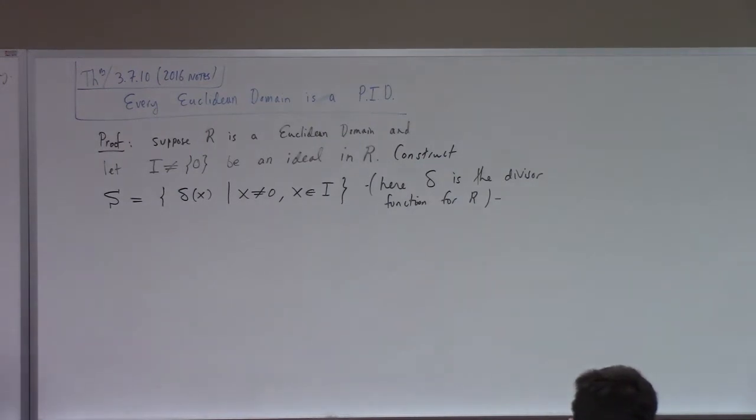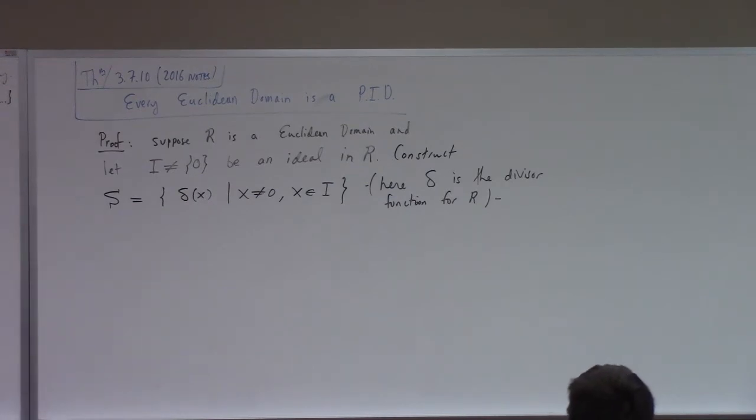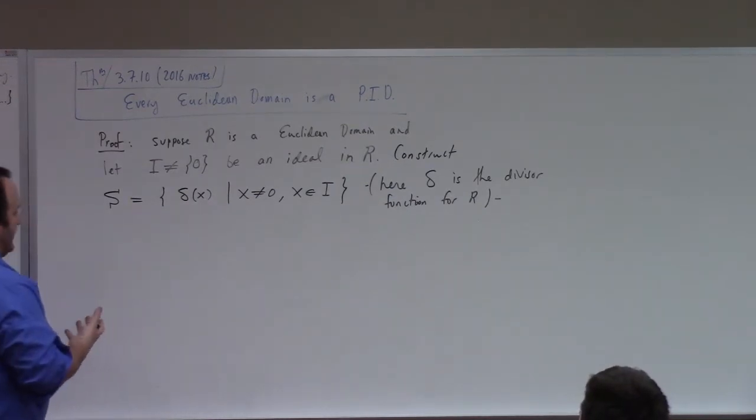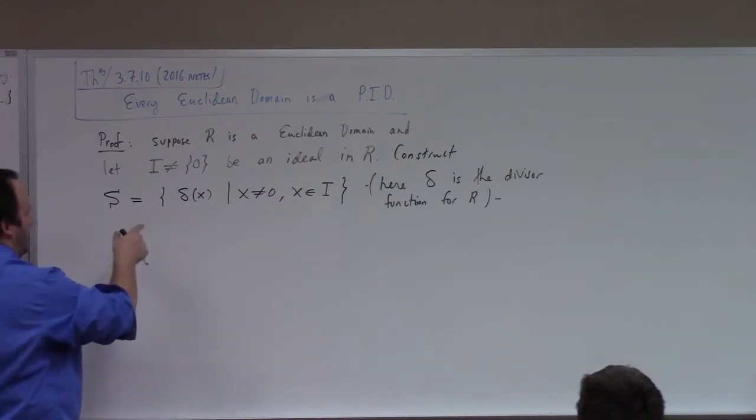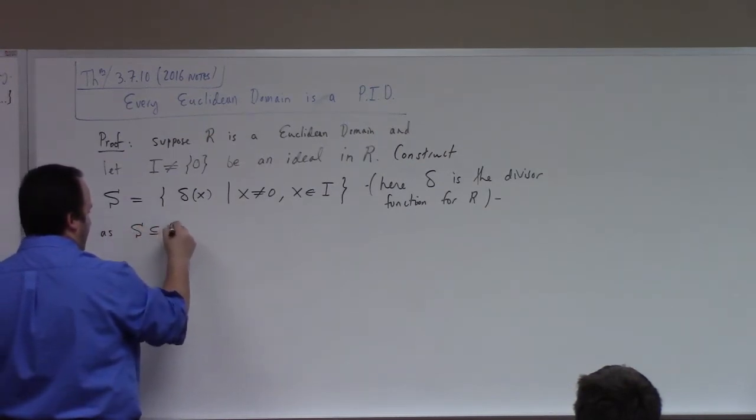Now, to be clear, I'm using n in the sense 1, 2, 3. Oh, man. Stupid Nicholson. Yes. I'm going to insist that it be there. All right. 1, 2, 3. Point is, then this is what? It's a subset of the natural numbers, right?